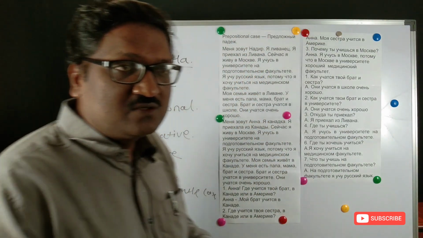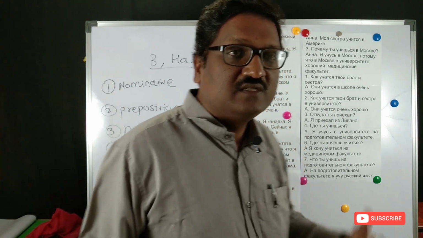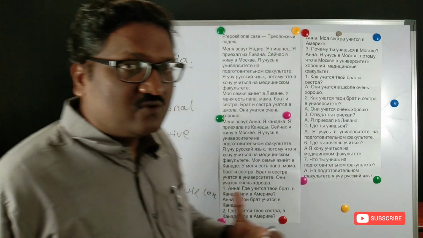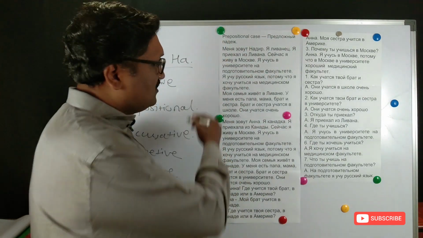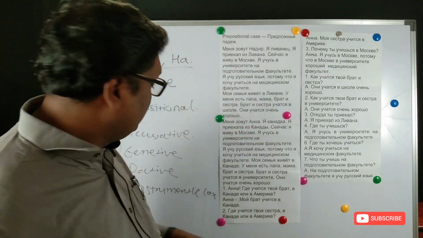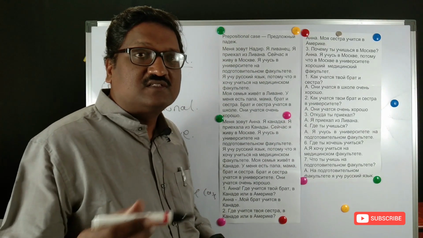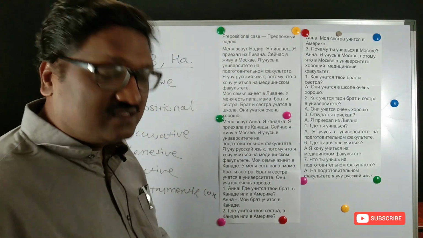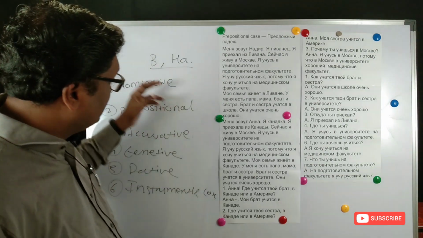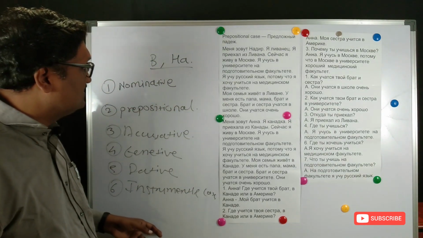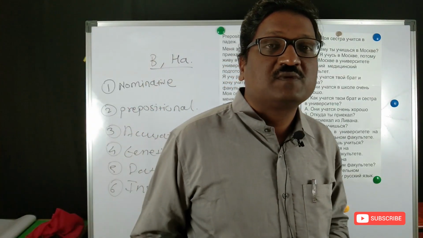If you are giving something to somebody, that noun will come in the dative case. And if you are performing a function, suppose I am writing on the board with this pen, then that pen will come in the instrumental case, because I am doing some action by using this pen, which is a noun. So in this way there are 6 cases in the Russian language depending upon for what purpose the noun is used.